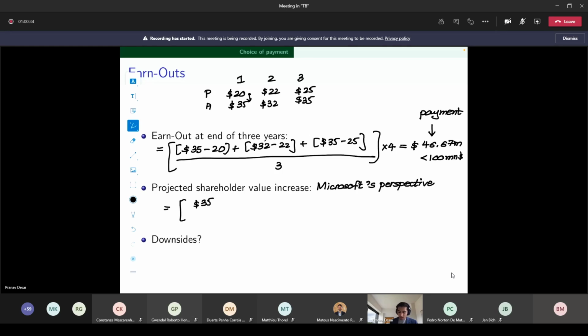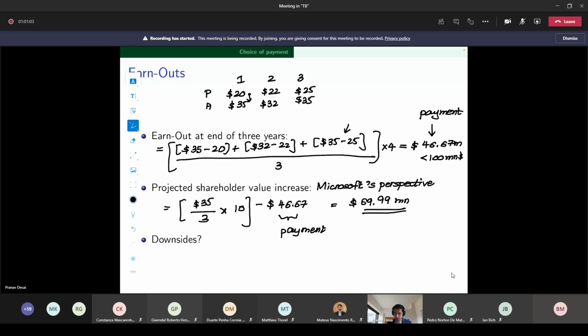So if you add up the numerator of this first equation, then that works out to 35, divided by 3, multiplied by 10. I'll get to exactly what that is, minus 46.67, which is the earnout payment, and that works out to $69.99 million.